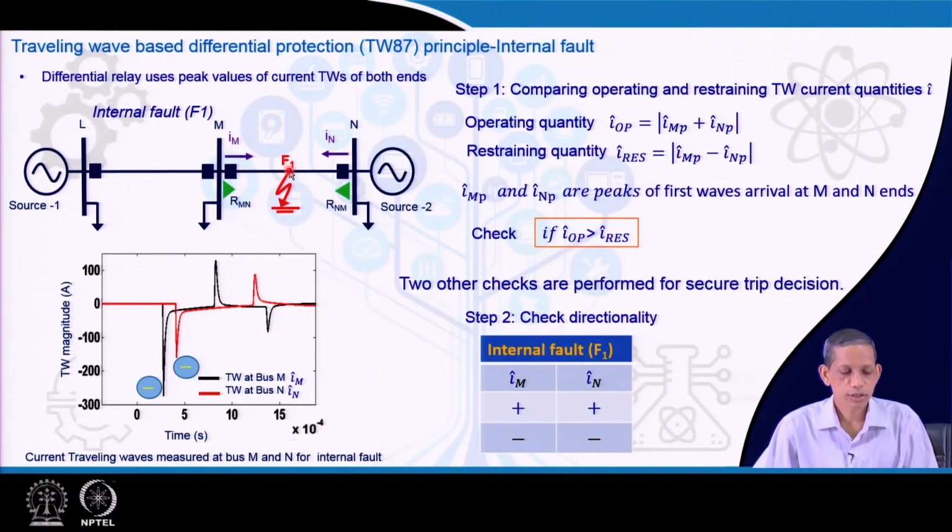The direction information is extracted from the polarity of the signal. If the polarity of the signals is the same, either positive positive or negative negative, then it ensures that the directionality is the same, and then it is internal.